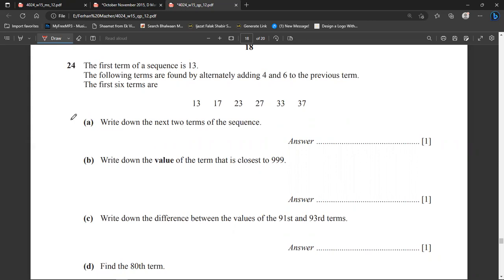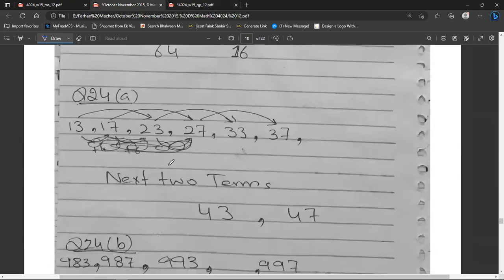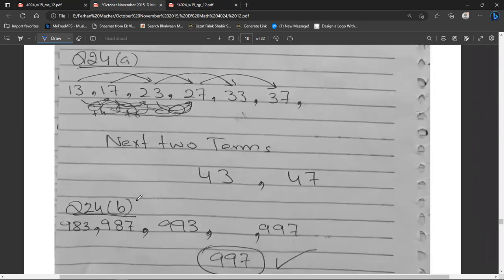Write down the next 2 terms. The next 2 terms will be 43 and 47. So 13, 23, 33, 17, 27, 37. The next terms will be 43 and 47.